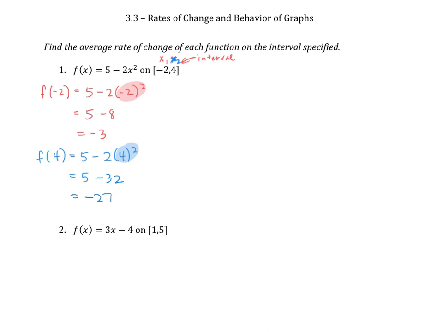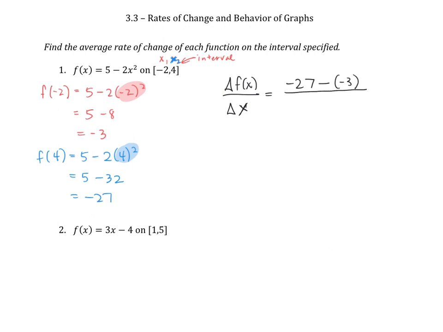So what I want to do now is use the formula. So the change in f of x over the change in x. Okay, so the f of x values were -27 minus a -3.